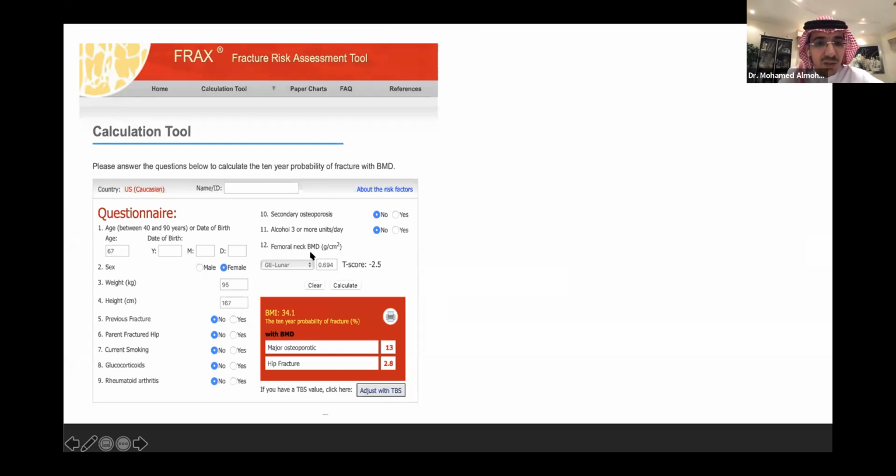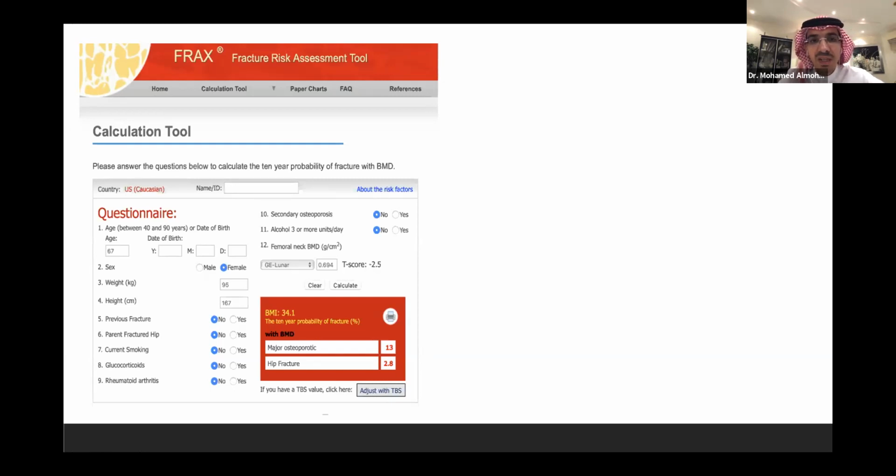You can also decrease the T-score by minus 0.5 at the femur neck. And the fourth modality is adjusting for the TBS value. No single model was superior to the others, but in general, you can do one of these adjustments to precisely predict the risk of fracture in type 2 diabetes patients.